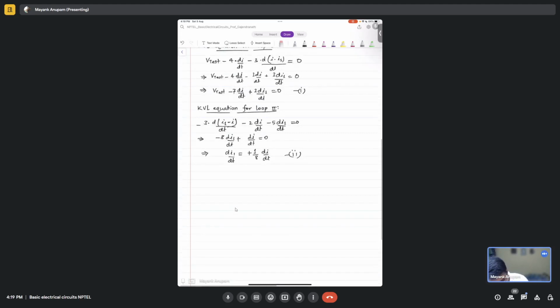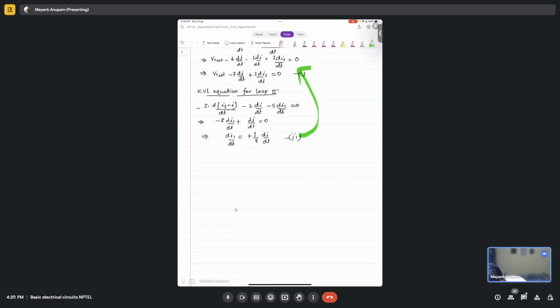So now let us do the same old, putting this into equation number 1. So what do we have? V test minus 7 di/dt and plus 3 di1, I1 is 1 over 8, right? 3 by 8 di/dt is equal to 0, correct?